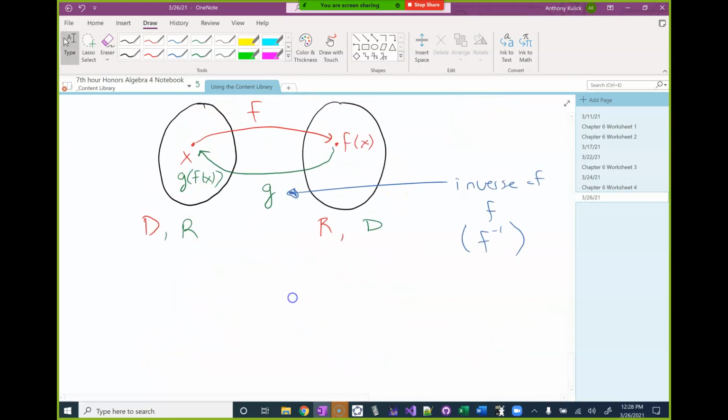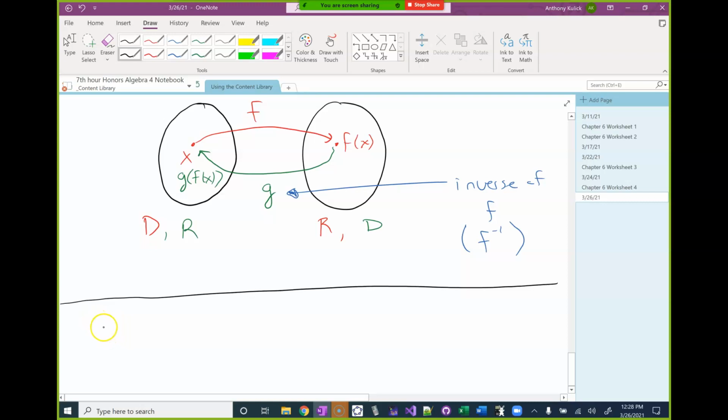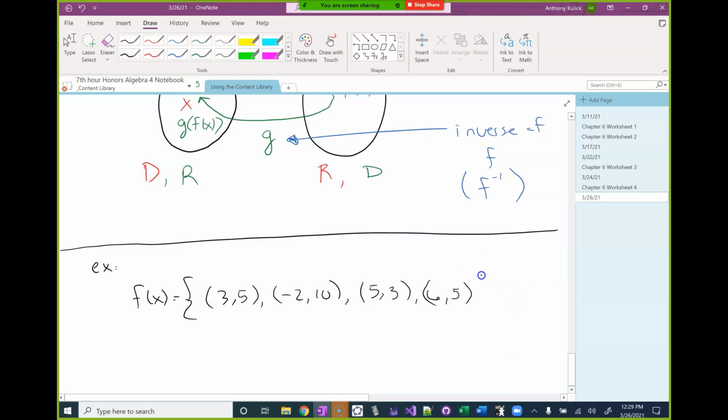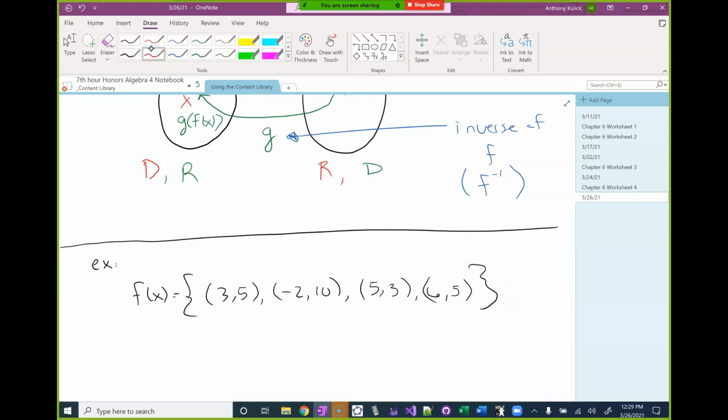Okay. So if I have my function that is represented by the set of ordered pairs, and I want the inverse of that function, what do I need here?